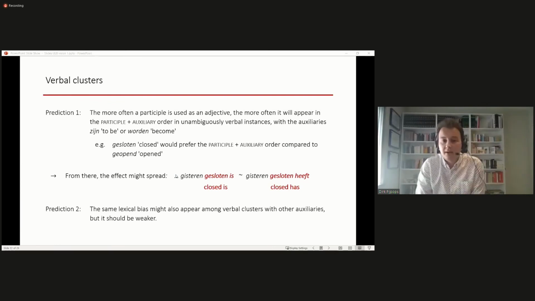The same lexical bias might also appear among verbal clusters with other auxiliaries, but it should definitely be weaker. It should be weaker because it's only a secondary effect, right? Constructional contamination only directly affects verbal clusters with zijn and worden, and only indirectly, secondarily, you could say, affects other verbal clusters or verbal clusters with other auxiliaries.